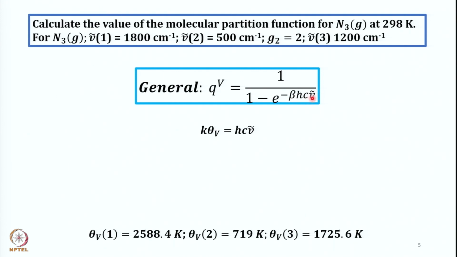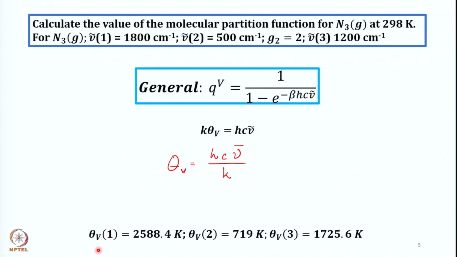But let us go a little bit deeper into the discussion. Theta V, which is the vibrational temperature, is h c wave number over k. We all know the values of h, c and k. Once you substitute this, you get the following results.